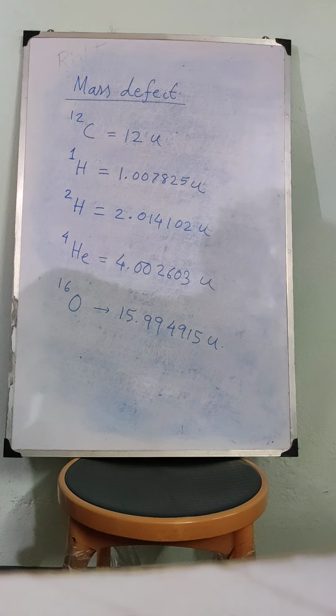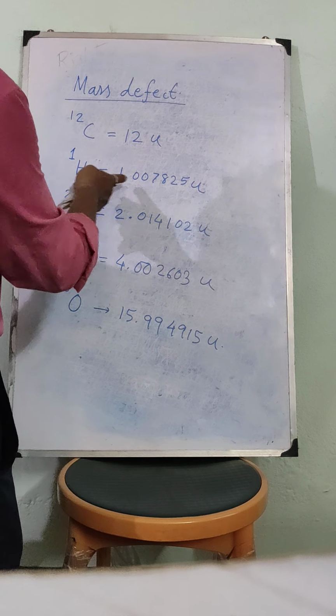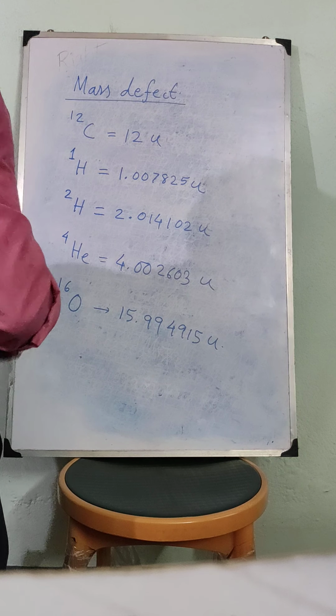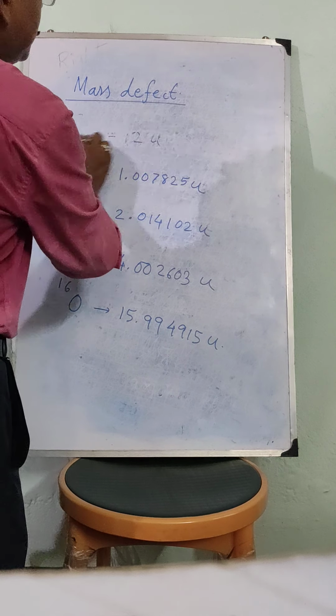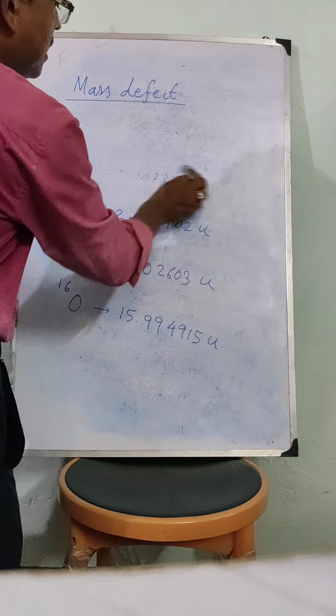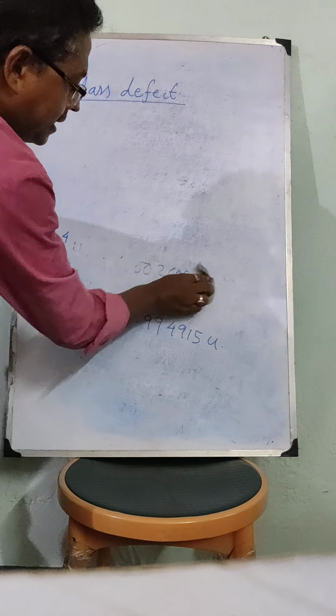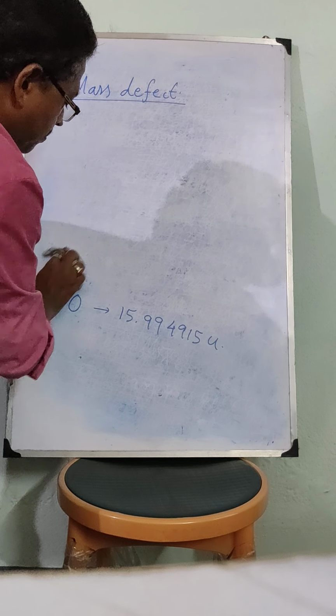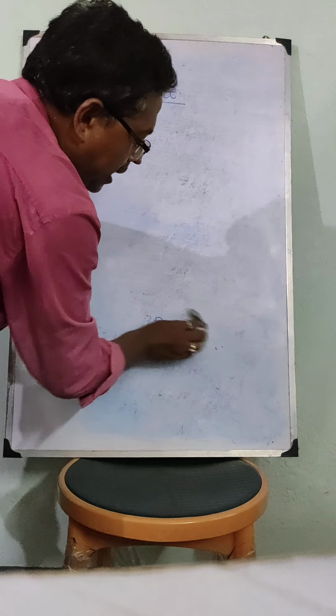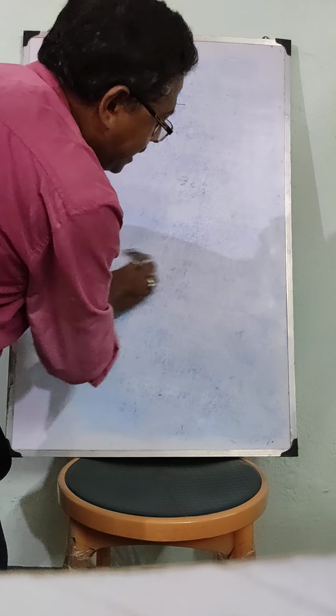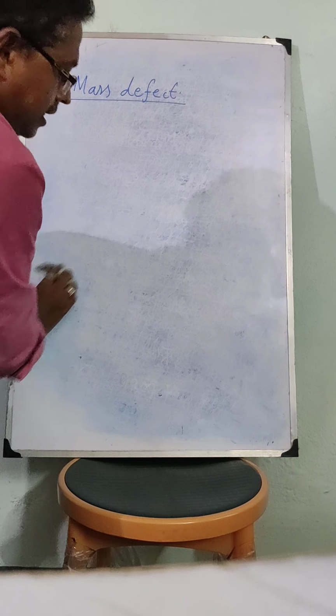The mass defect is the difference between the atomic mass and the mass number. So mass defect is the difference between the atomic mass and the mass number of the atom. Mass number, all of you know, is the number of protons and neutrons inside the nucleus.